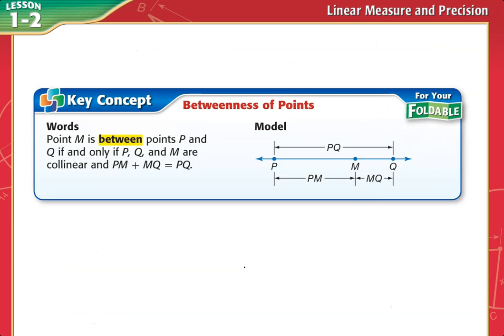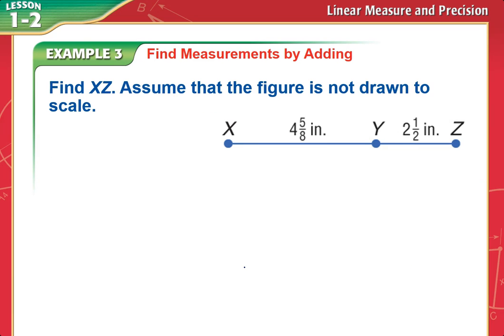Next key concept is something called betweenness of points. Point M is between points P and Q if and only if P, Q, and M are collinear, and when you add PM plus MQ, you get PQ. So here we're finding XZ, assuming that the figure is not drawn to scale.